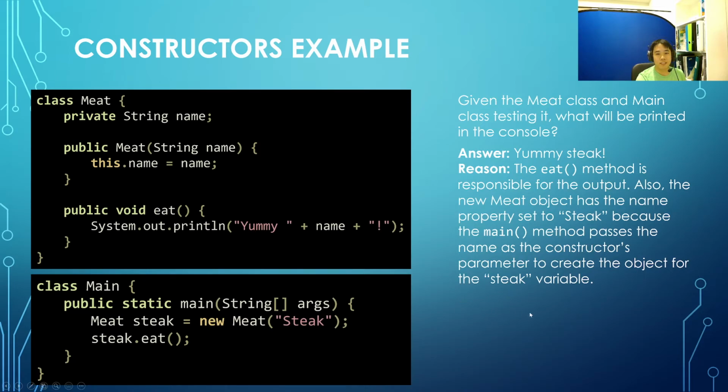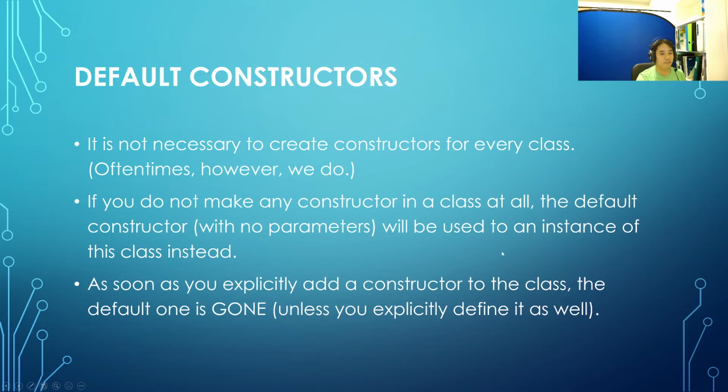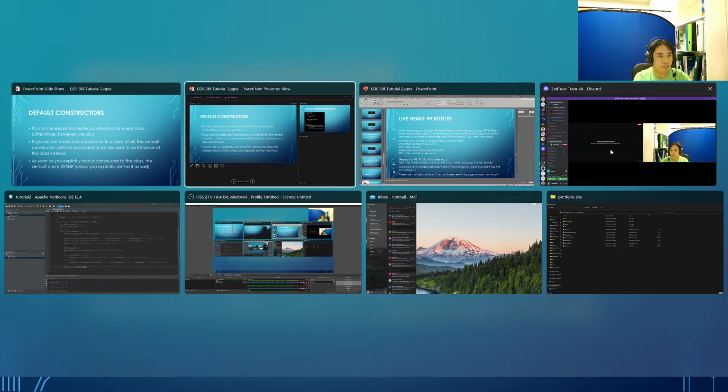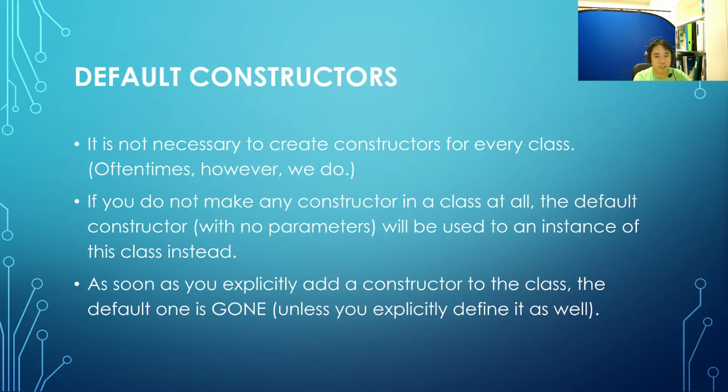Alright. I'm going to continue on now. So, another thing we covered is default constructors. Let me make sure that there are still people in there. Oh, there isn't any. Oh, well, that's fine. Another thing we have is default constructors. It is not really necessary to create constructors for every single class. Oftentimes we do, though.